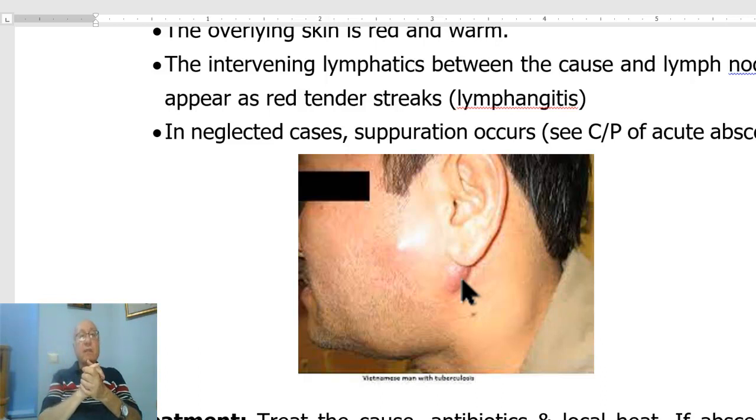What is the cause? Chronic non-specific lymphadenitis usually affects the superficial inguinal lymph nodes. Why? Bad habit, which is walking barefoot.